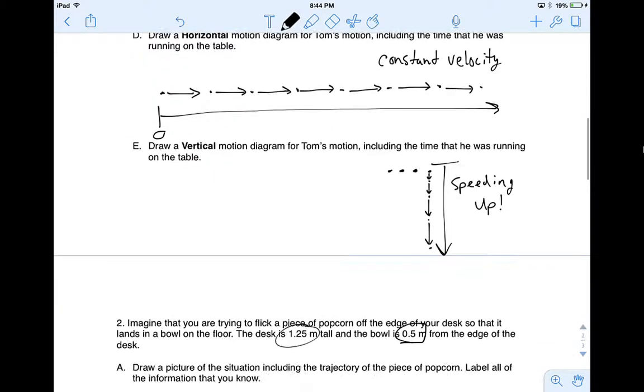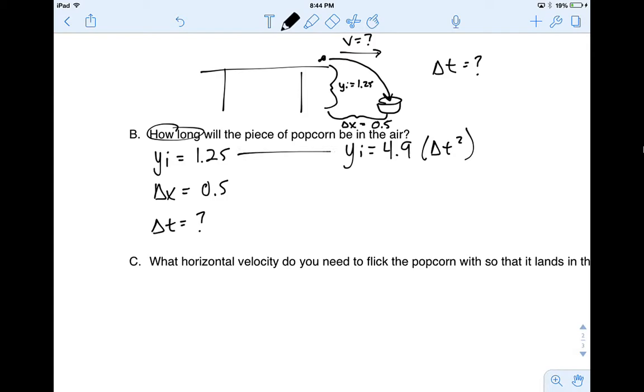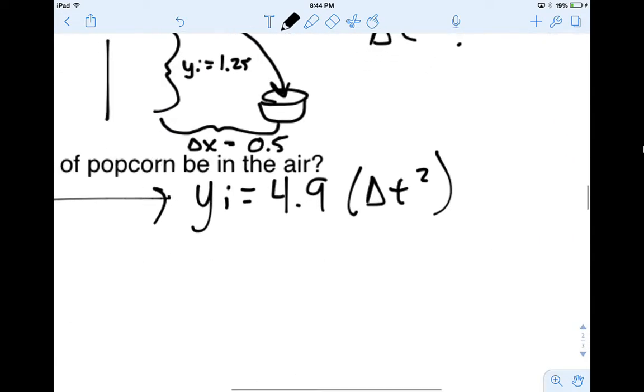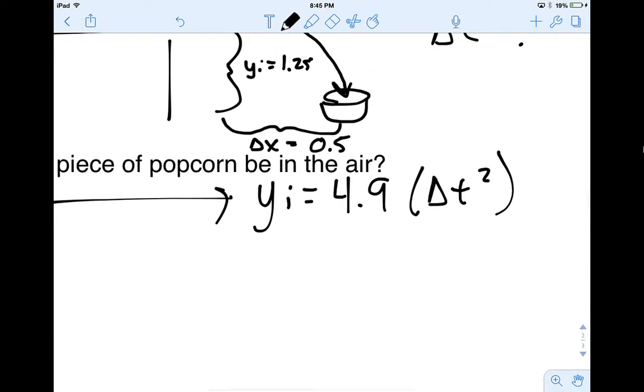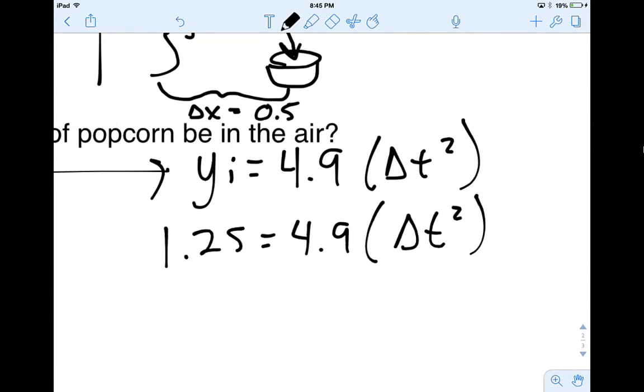So yi equals 4.9 times delta t squared. I know yi, it's 1.25, so 1.25 equals 4.9 times delta t squared. Now I'm trying to solve for delta t, same process as before. Divide by 4.9.